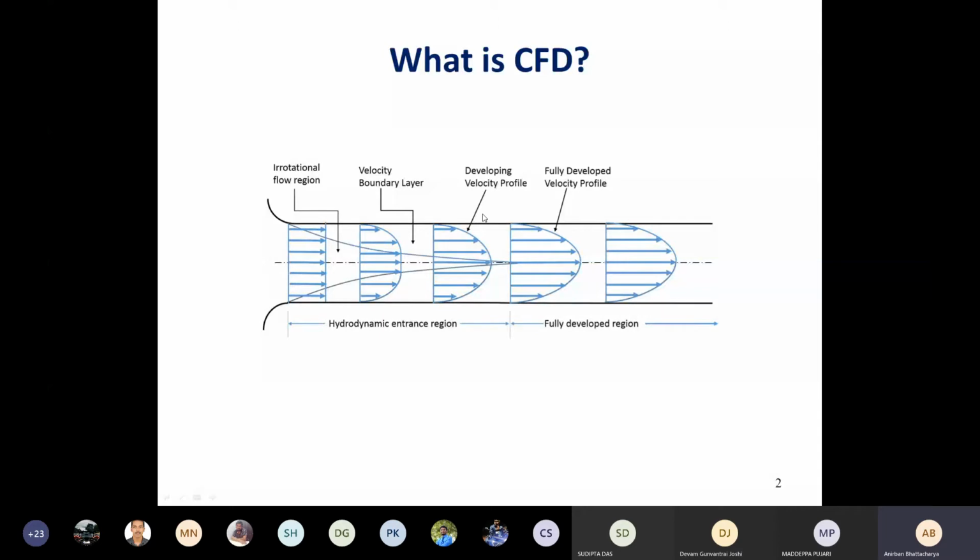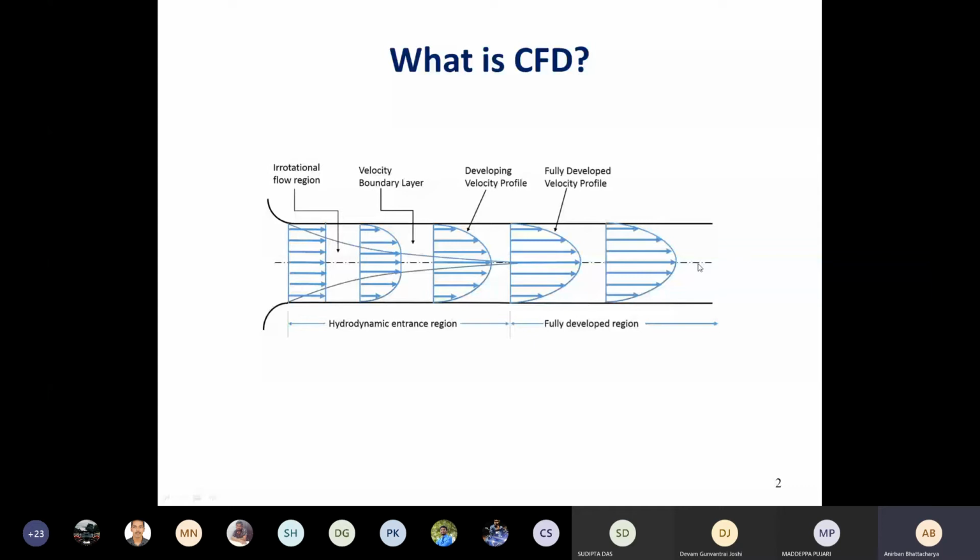Or say on the left side we give a particular flow rate, a given velocity, as you can see here, a velocity profile is given, and we want to find out how this flow velocity distribution changes with time and space. If it is a steady state problem, it is not dependent on time, so only on space, say along the length of the tube, how the flow profile looks.